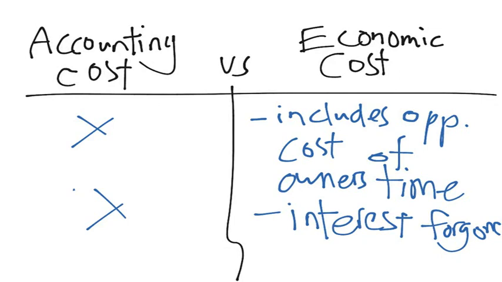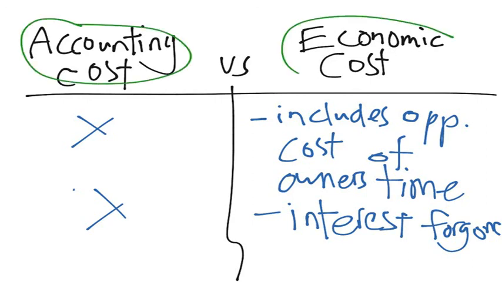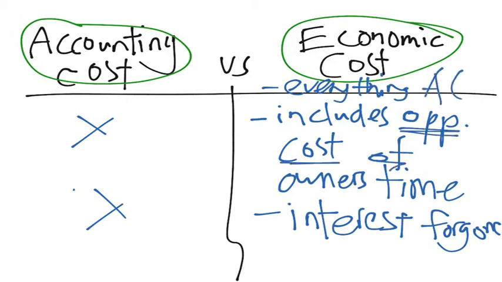Lastly, about cost, I'll let you guys know what is the difference between accounting costs and economic costs. Okay, so for accounting costs, we include the normal costs like labor, electric bill, phone bills, purchase of raw materials, stuff like that. Economic costs, we include everything in the accounting costs, and we also include the opportunity cost of the owner's time.